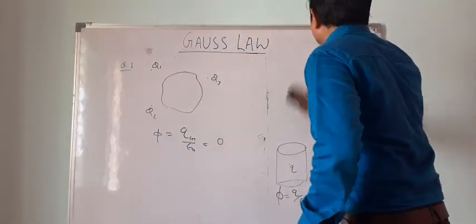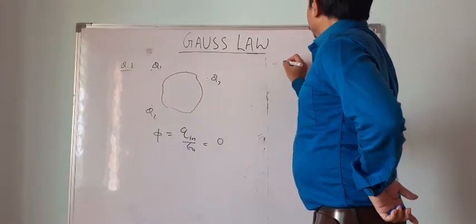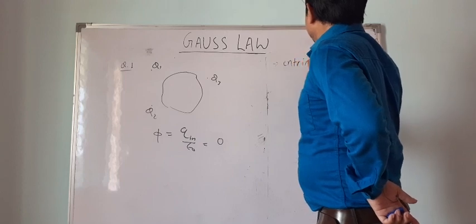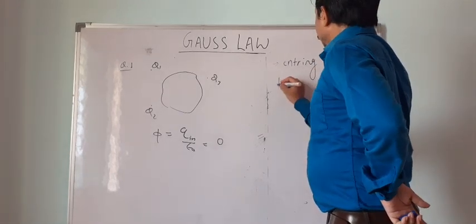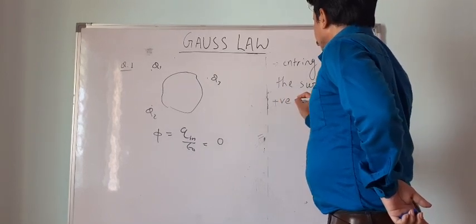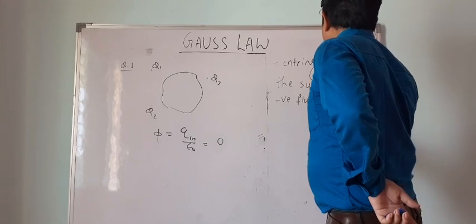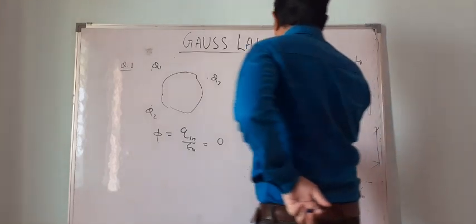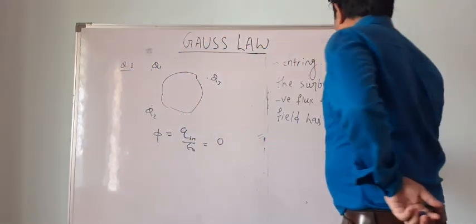And also you can note a point that entering field to the surface has negative flux, and exiting field has positive flux.